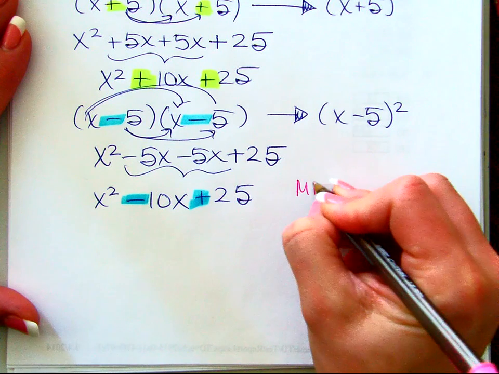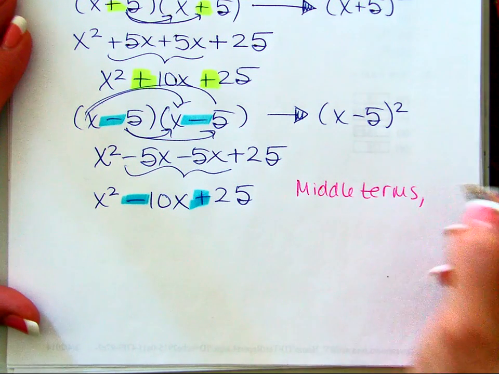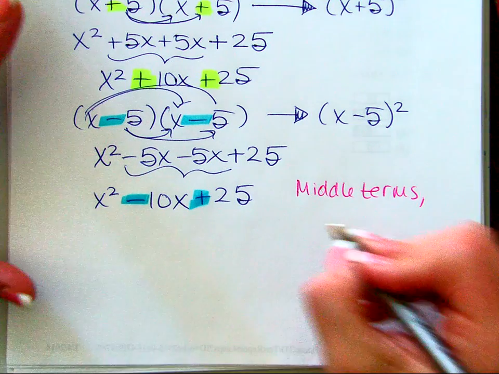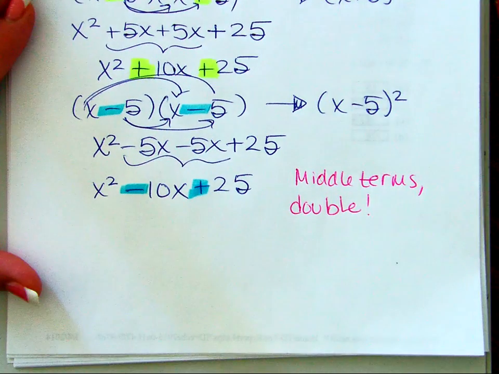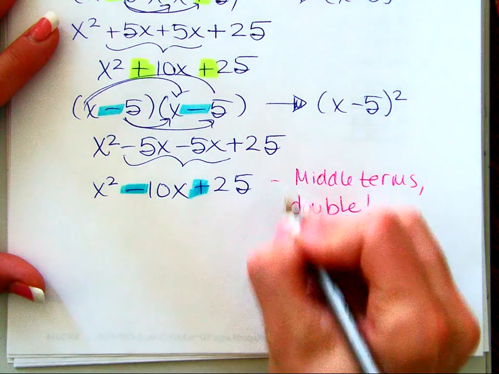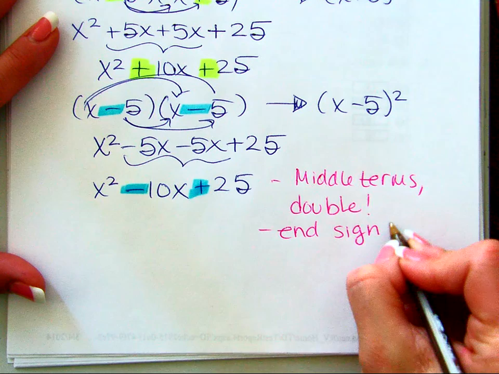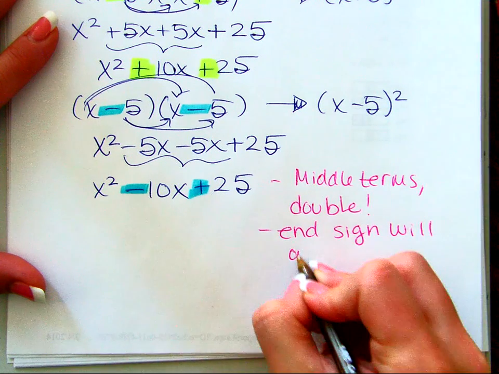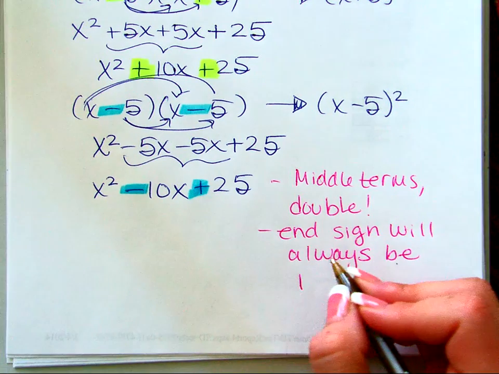So in this particular case, your middle terms don't cancel. They what? Double. We're going to say they double. And this time, the end sign will always be what? Yeah. So you're writing this.